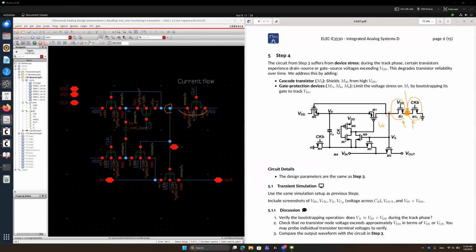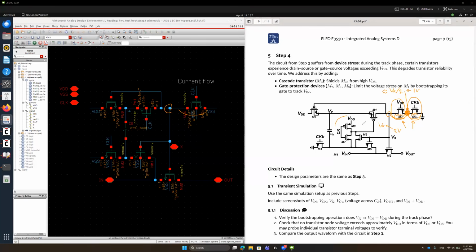Let's say the on resistances are the same. Then the middle node will be driven by approximately Vx over 2. So even if the Vx node reaches as high as 2 volts, the Vx over 2 node will be 1 volt, and the VDS of each transistor will be safe, at least. That is the core idea.